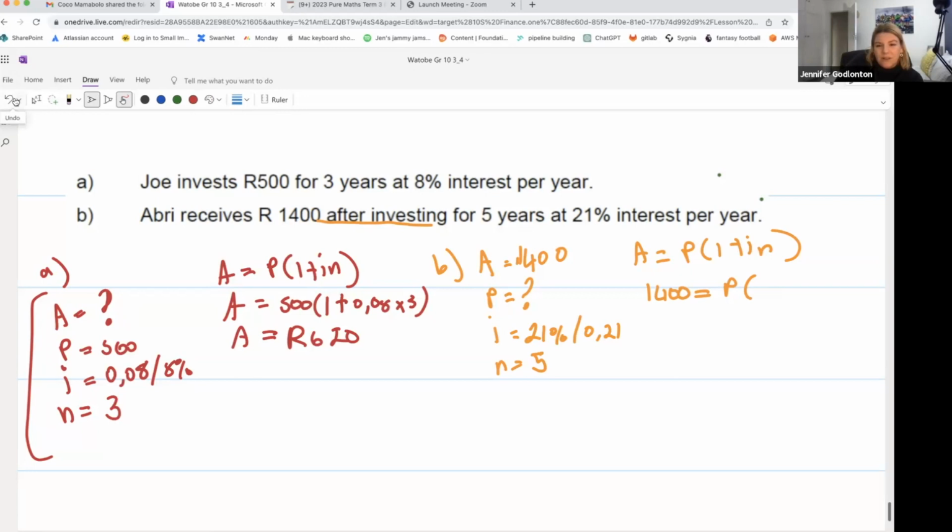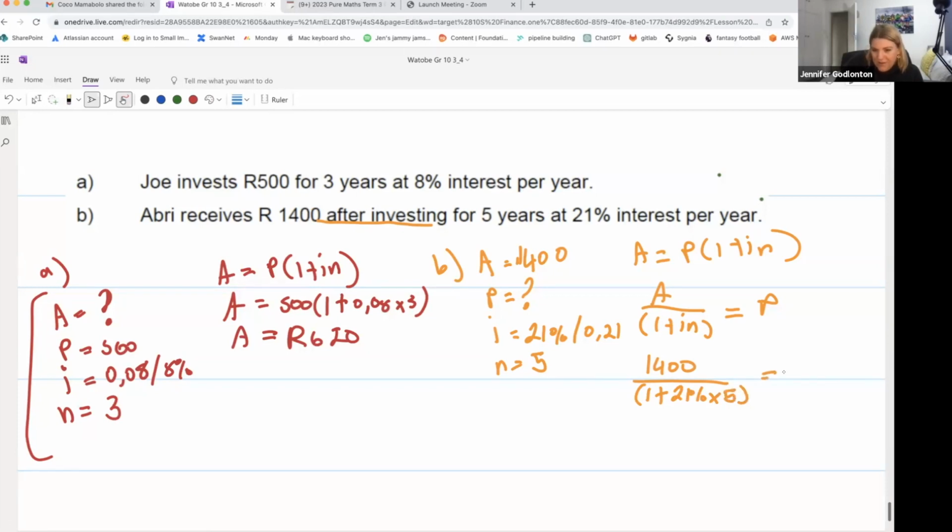I actually want to manipulate the formula. Tell me what you would like and I will write it. So I would take the A and divide it by the 1 plus the interest multiplied by the number of years to get P. So it's 1,400 over 1 plus the 21% multiplied by 5.